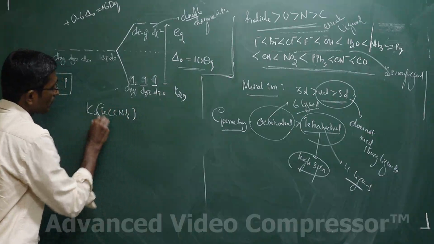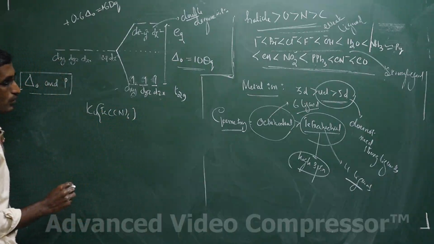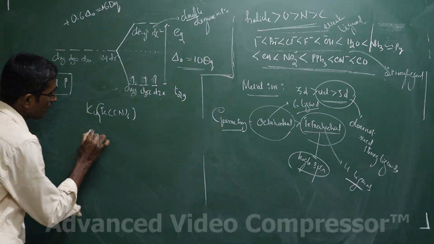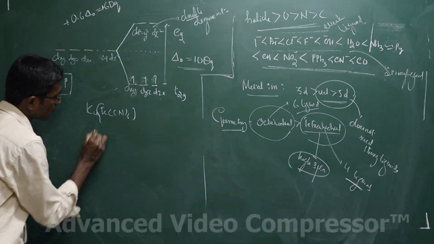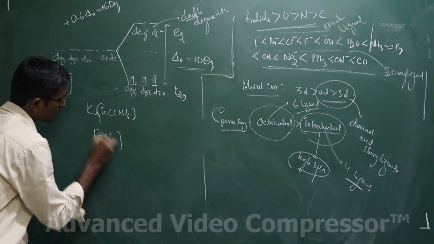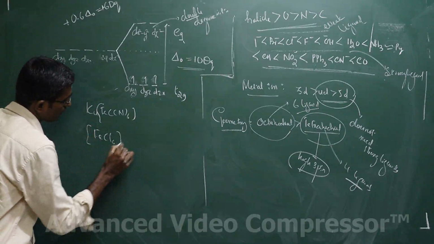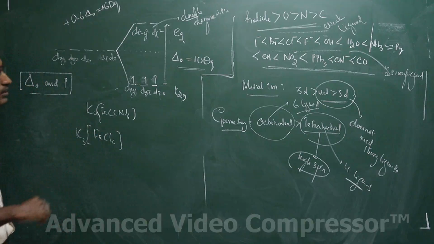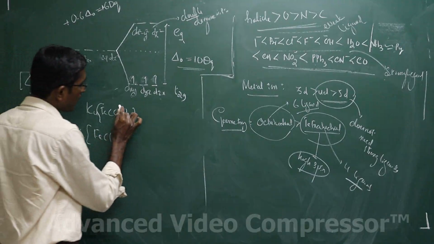K4[Fe(CN)6], one complex, and K3[FeCl6], with the negatively charged ion. We will take these.